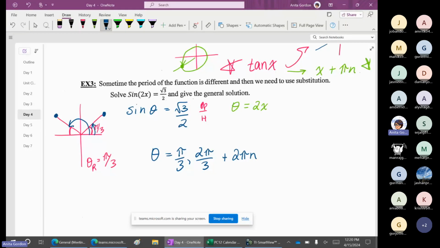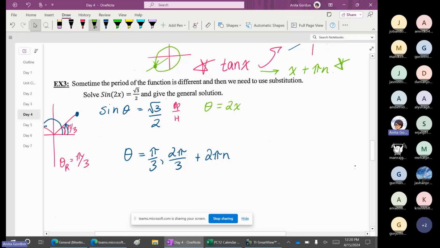We want the final solution for x. So let's go back to my substitution equation. If I wanted to write this as x equals something, how would I rearrange this equation? X equals what? Theta over 2. Be more confident.